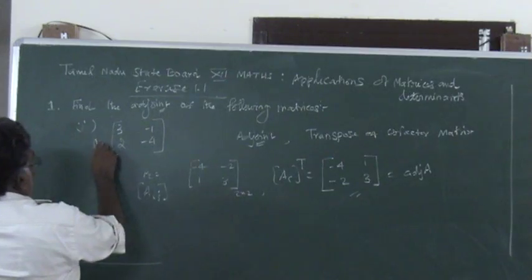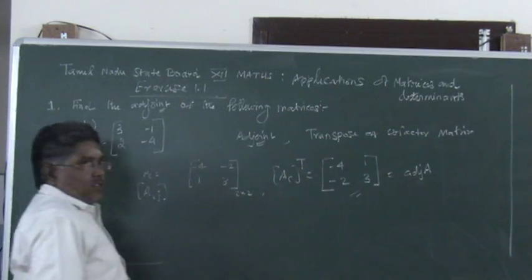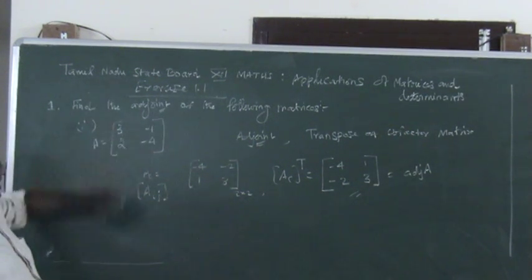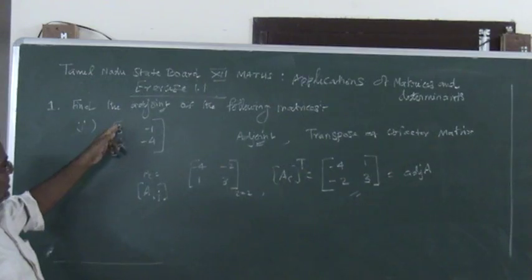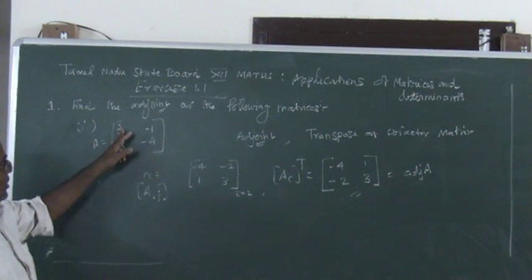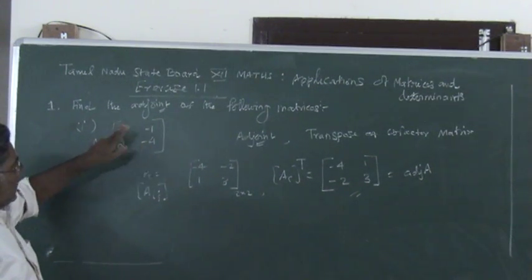Say you call it as A. This is the adjoint. What does the shortcut say? Simply you interchange the main diagonal elements. This is the main diagonal. 3 here, minus 4 here. You just flip them. Minus 4 will go there and 3 will come here.